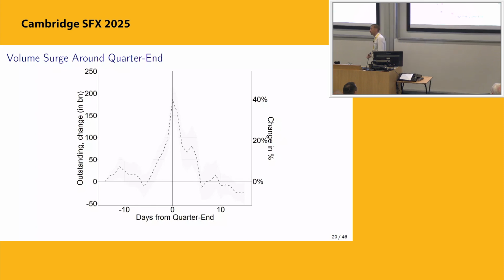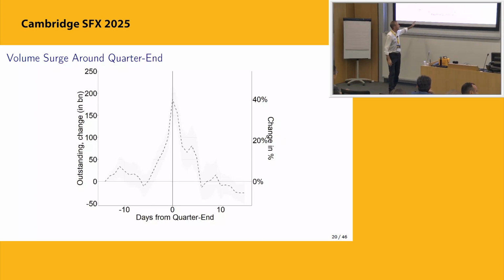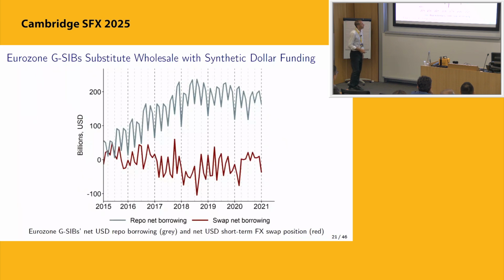Okay, so the first piece of evidence is just looking at the aggregate volume of FX swaps at the quarter end. The aggregate volume shows you a quantity increase of about 200 billion at the end of the quarter. This couldn't be a supply shrink, right? It must be some quantity increase.